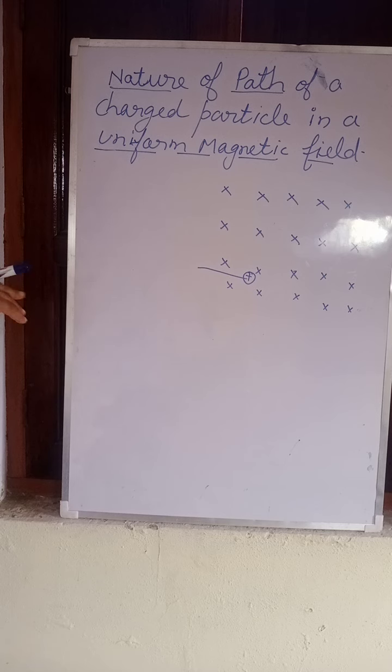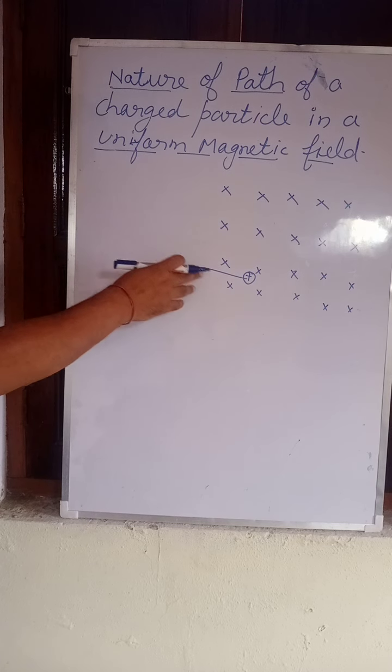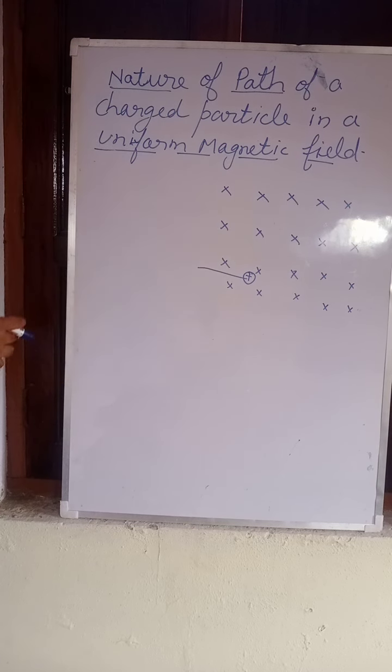First, we suppose the charged particle enters the magnetic field at a 90 degree angle.